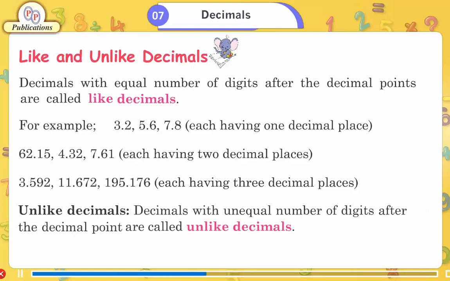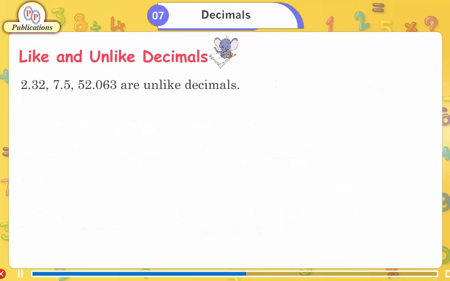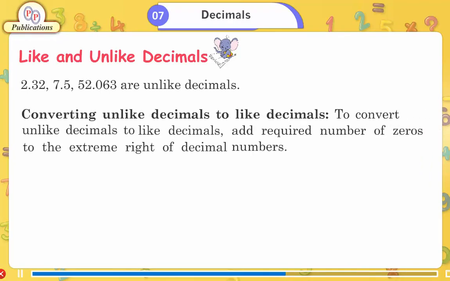Unlike decimals: decimals with unequal number of digits after the decimal point are called unlike decimals. 2.32, 7.5, 52.063 are unlike decimals. Converting unlike decimals to like decimals: to convert unlike decimals to like decimals, add the required number of zeros to the extreme right of the decimal numbers.